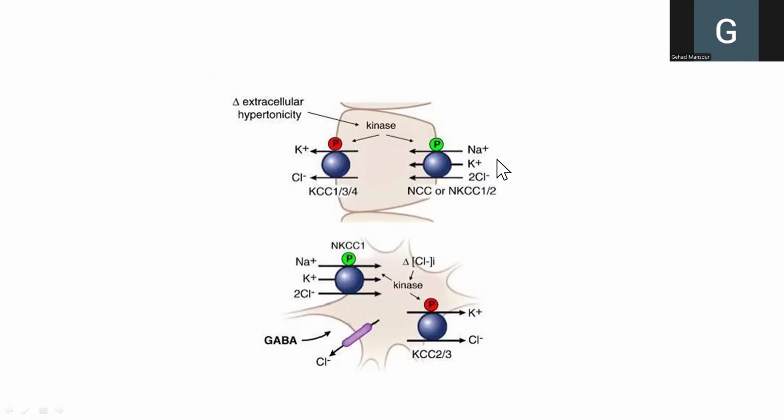But we can also see that, although to the left we have potassium and chloride being transported to the outside of the cell, to the right we have another type of transporter which transports both sodium and potassium to the inside as well as chloride. Then we have different types of transporters. This proves that there are different types of transporters across the cell membrane, and that it depends upon the needs of the cell.